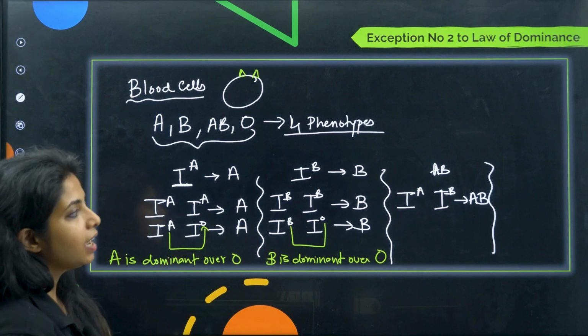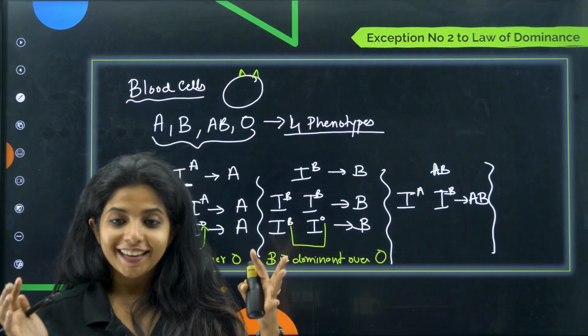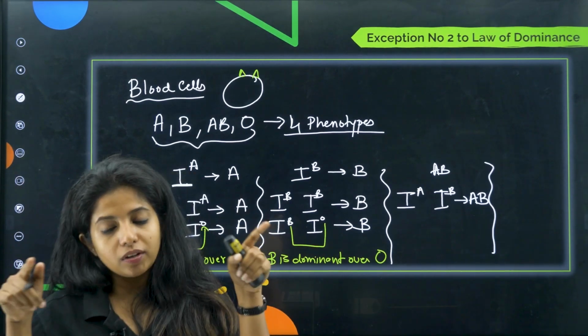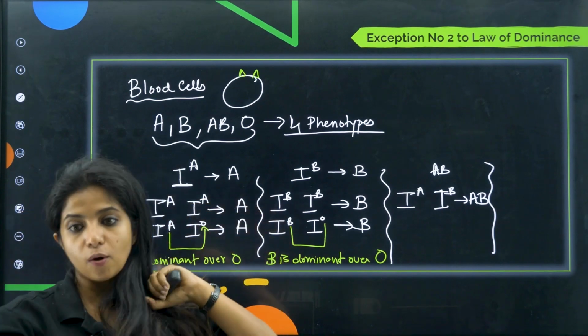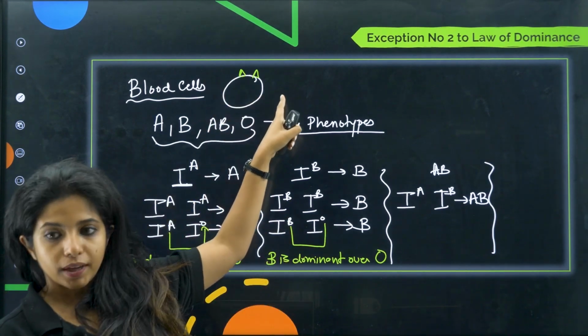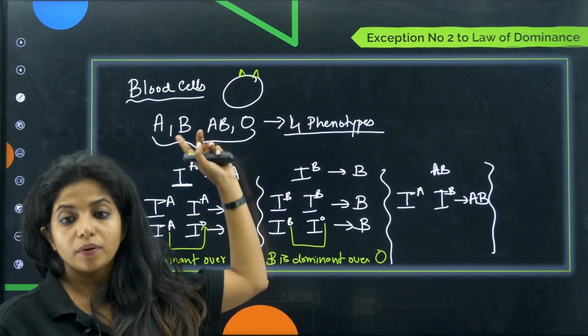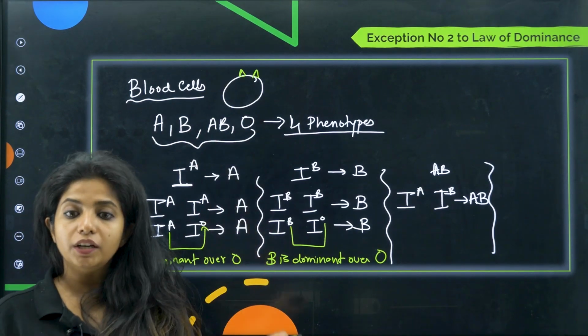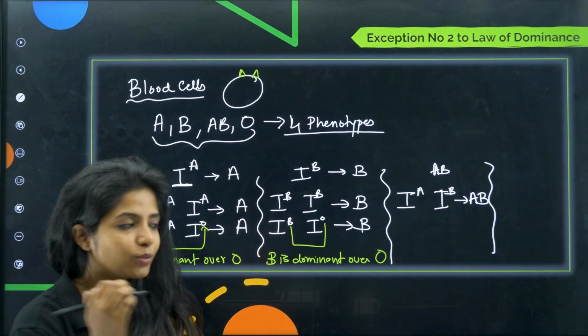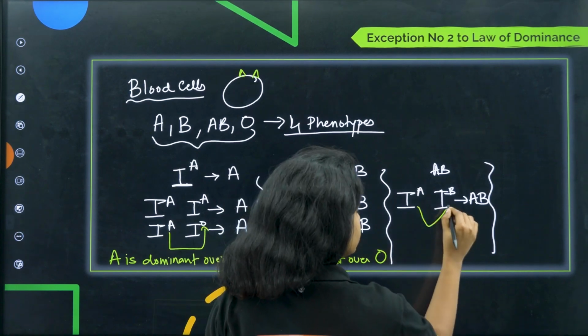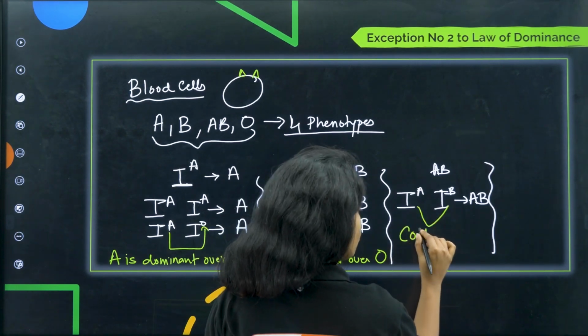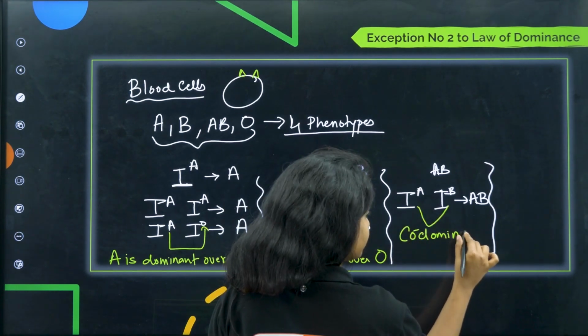Instead, they are saying, let's be co-dominant. Let both of us show the sugar that is there on our cell. For example, A is coding for A sugar, B is coding for B sugar. Now, when a person has AB blood group, it is showing both the sugars. So both of them are saying, let's be co-dominant.